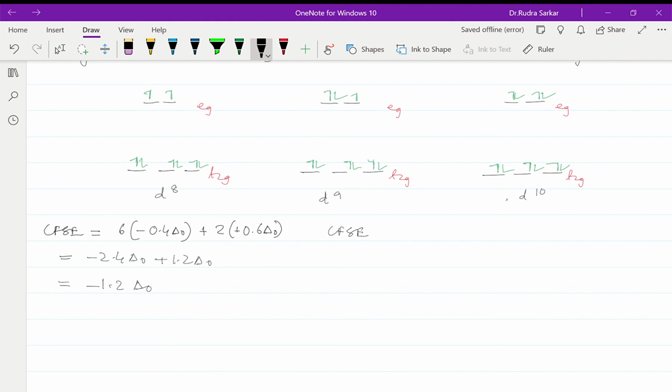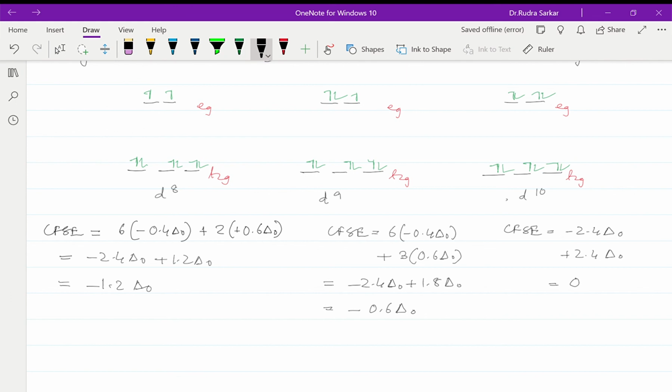For the next one, it is going to be 6 into minus 0.4 delta O plus 3 into 0.6 delta O, and that should come out to be minus 2.4 delta O plus 1.8 delta O, that is minus 0.6 delta O. And out here it will be minus 2.4 delta O for the lower level and plus 2.4 for the higher level, so it will be coming out to be 0.